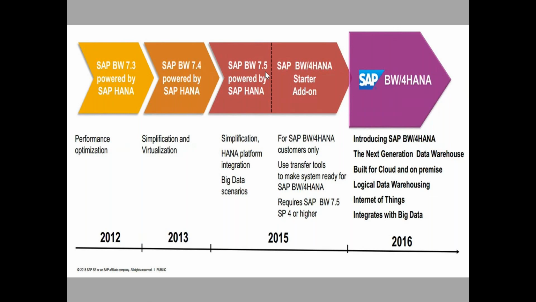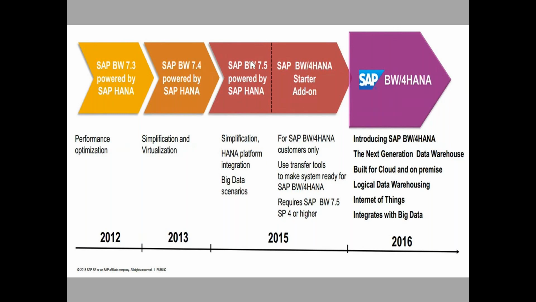So whatever objects we created here, we can see the corresponding views at the HANA level. That is one advantage. Another is that we can use one composite provider in another composite provider. Another advantage in BW 7.5 concerns the query designer.